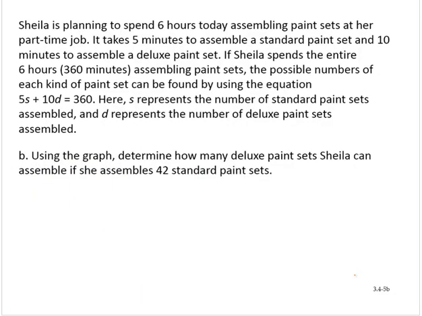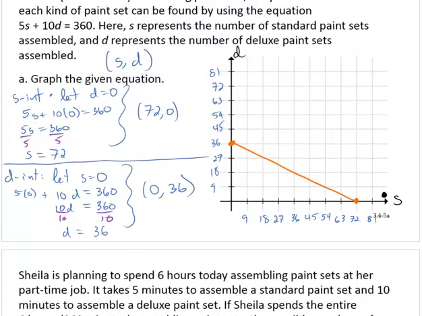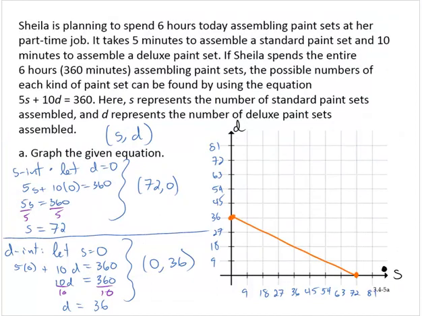Now the second part asks us to use the graph and determine how many deluxe paint sets Sheila can assemble if she assembles 42 standard paint sets. So 42 standard paint sets says that s would equal 42. So if we let s equal 42, let's go back to the graph. 45, so 42 would be about here.